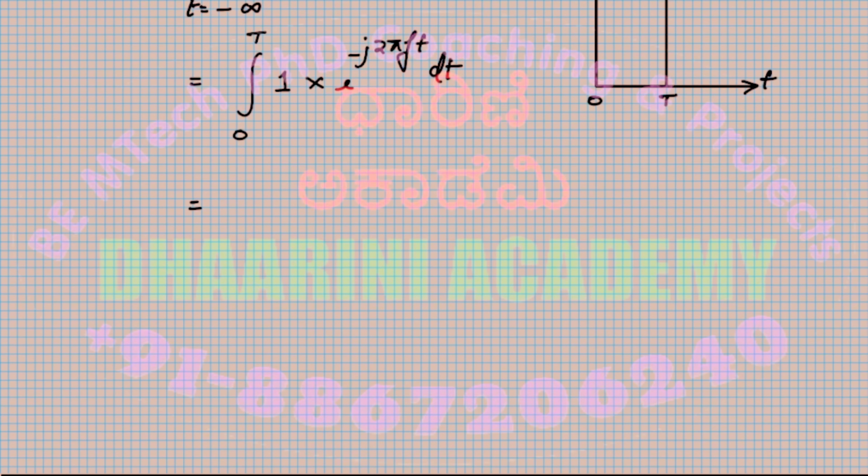That means it is e to the power minus j 2 pi f t divided by minus j 2 pi f, and I am substituting t equal to 0 to t equal to capital T. That's the limit.